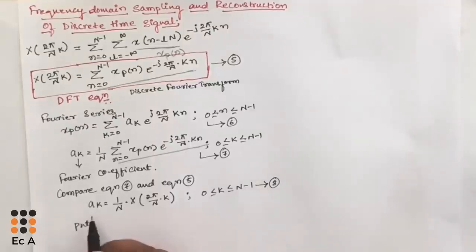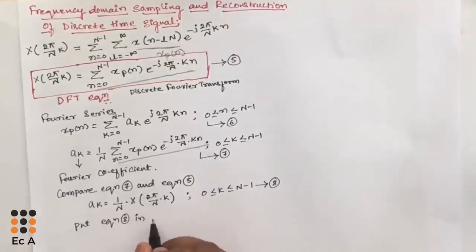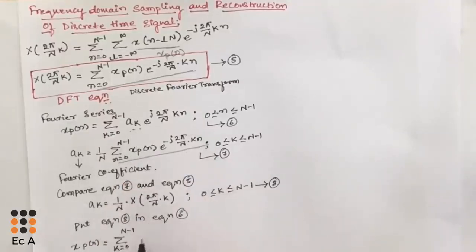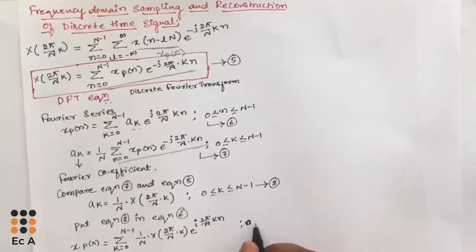Now let us put the value of ak from equation number 8 in equation number 6. If you put the value of ak in equation number 6, we can write xp of n is equal to summation of k is equal to 0 to N minus 1. Here instead of ak, we will write this term, which is 1 by N into X of 2 pi by N into k e to the power of j 2 pi by N kn for n value ranging from 0 to N minus 1.